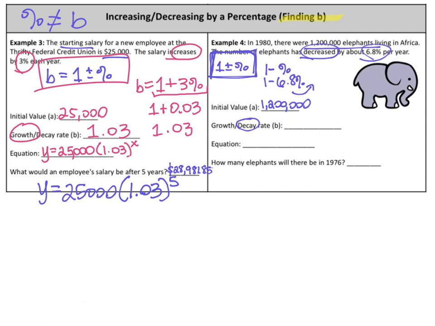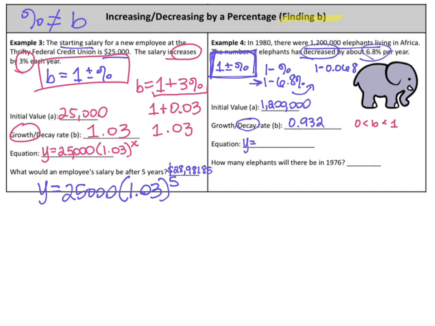That is going to translate to 1 minus 0.068 if we change that to a decimal, which again, you can just type this initial part into the calculator and you'll be golden. And you'll get your actual B value, which should be between 0 and 1 since we're decaying. 0.932 is in fact between 0 and 1, so that is our decay rate.